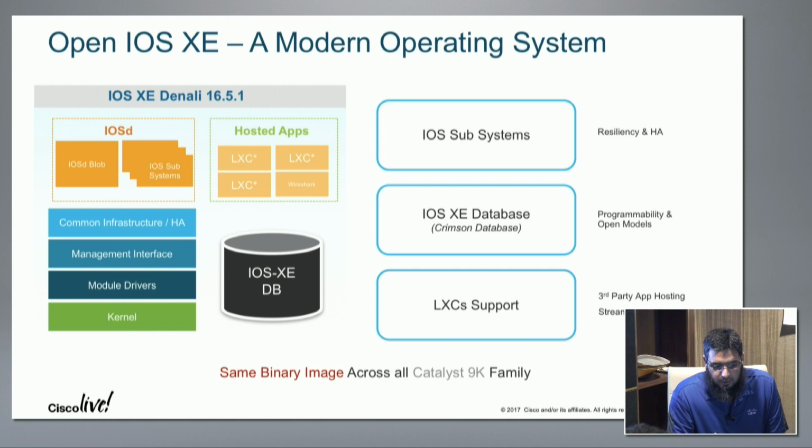Also, we have added this IOS XE database, which we internally call the Crimson database. This enables the programmability and open models, really, because what we are doing here is we are storing all the configuration and operational states that we have for all the different protocols and features in the system in this database in a specific format, which means you now have access to all the states in one place, and now you can translate it to different data models.